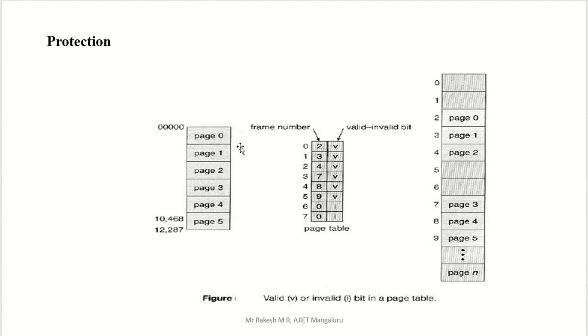Related to this process, we are not using the sixth and seventh pages, so that's why we write invalid. The sixth and seventh pages are not part of this particular process, they belong to another process. So for this process only 0 to 5 is valid, and the remaining are invalid. In the page table, 0 to 5 is valid, remaining is invalid.